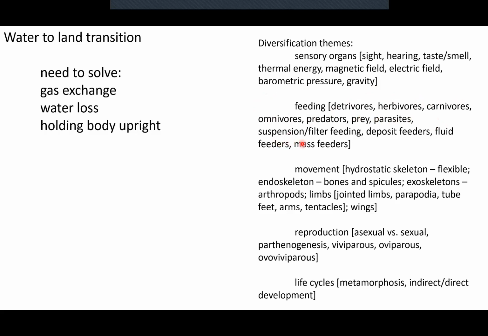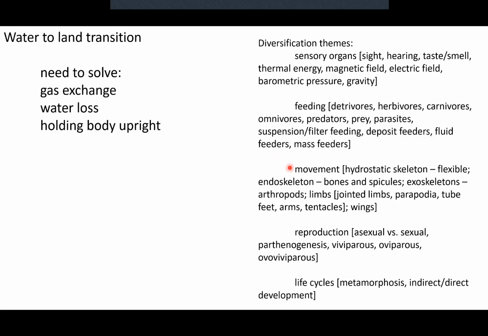They can be suspension or filter feeders, deposit feeders, meaning they take their food from the ground, from the sediment. They can be fluid feeders, meaning they drink up a liquid, or they can be mass feeders. Like I think in the book it had a picture of a lion eating a gazelle or a buffalo or something.